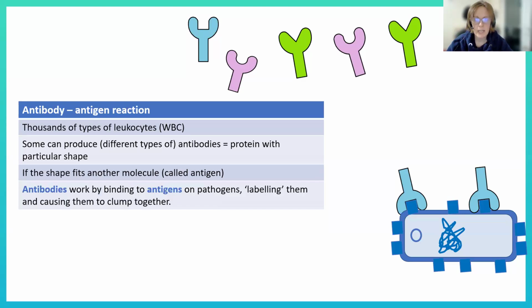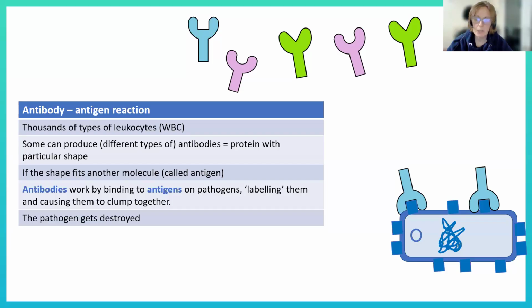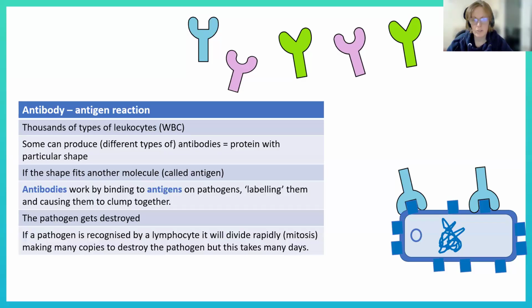So what they do is they label up the pathogen. Essentially, if there's an antibody on it, it's acting as a label, and that will cause them to clump together. And it labels it up to get destroyed. It identifies it to the destruction cells of the immune system.